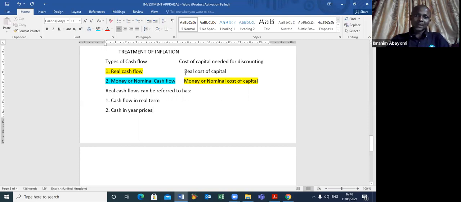Or you may decide to convert your cost of capital from money to real, so that you now have real cash flow and real cost of capital. But at all times, the two of them must be on the same level before you can carry out your discounting.